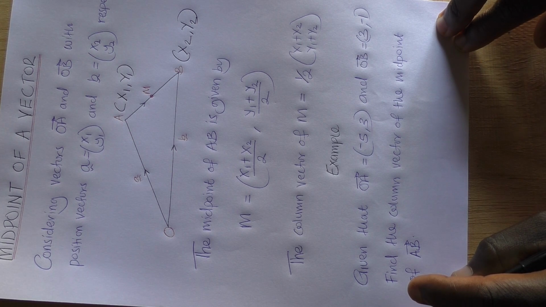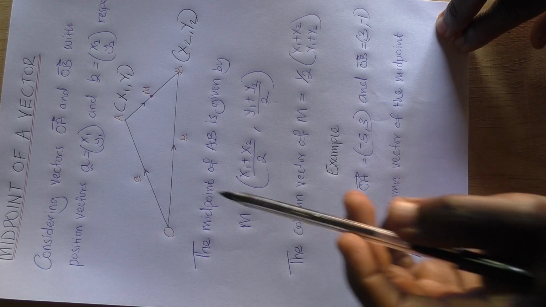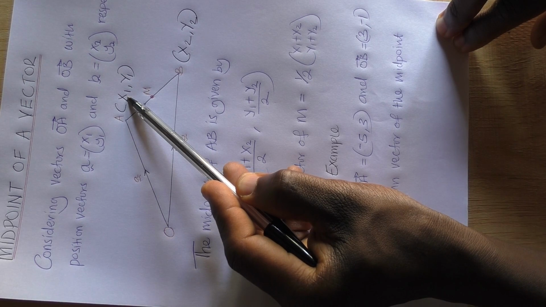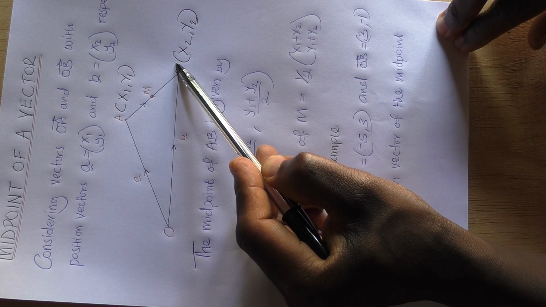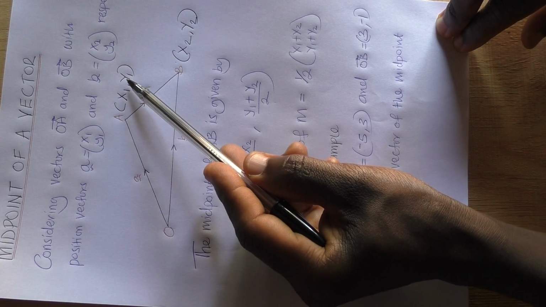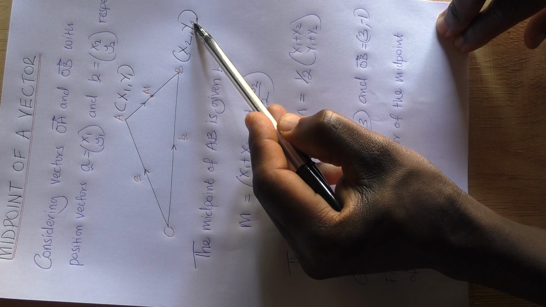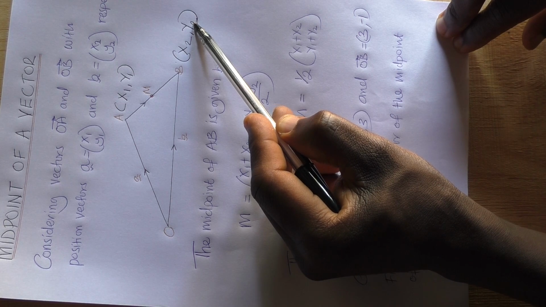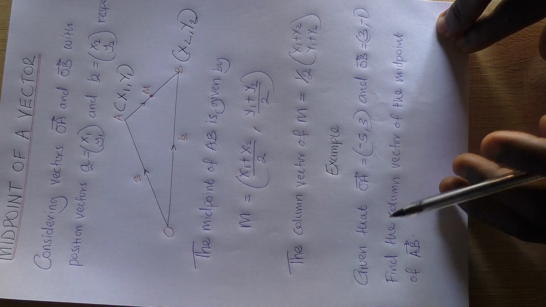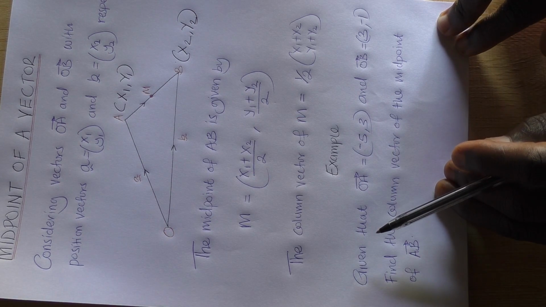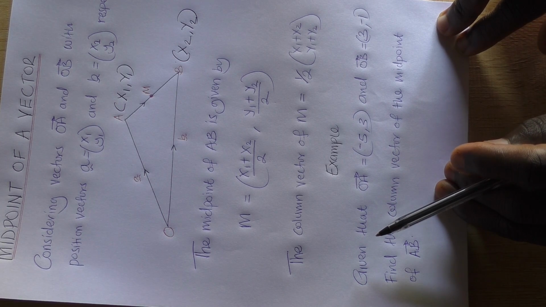What do I mean? I mean, we add x components of the 2 points, divide by 2, and that is the average of x, and the y components of the 2 divided by 2, and that is the average of the y coordinates. We can also express this as a column vector.